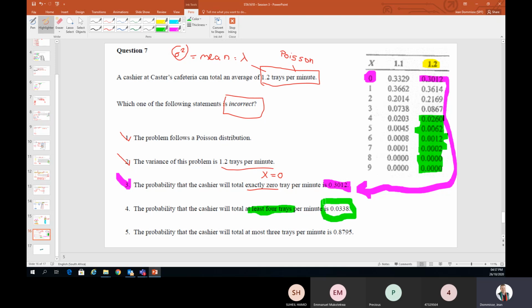Okay, so that for me is not correct. So let's just quickly look at this one. The probability that the cashier would total at most 3. Okay, so at most 3 means 3 or less.